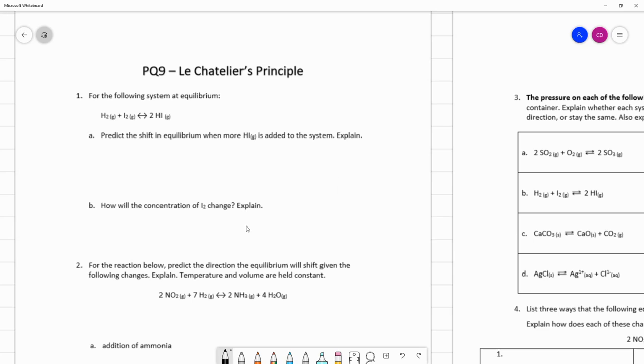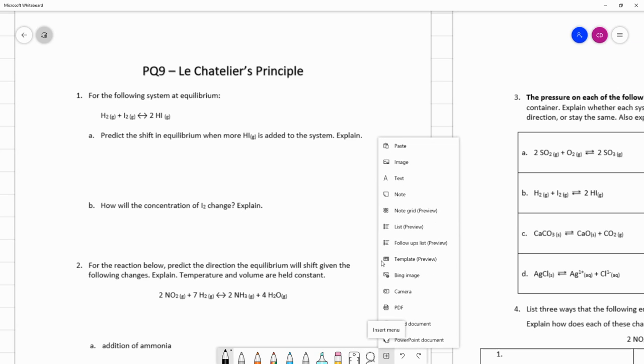So for number one, we have a reaction where hydrogen gas and iodine gas combine to form hydrogen iodide, which is also a gas. So on letter A, we are asked to predict the shift when in equilibrium when more HI gas, so that's more product, is added to the system, and to explain.